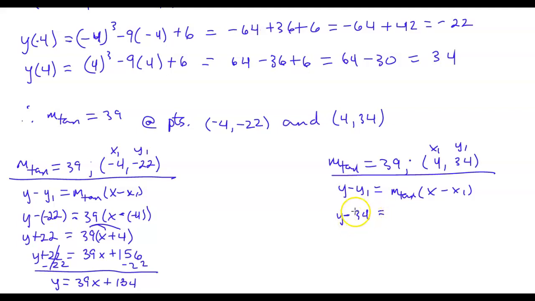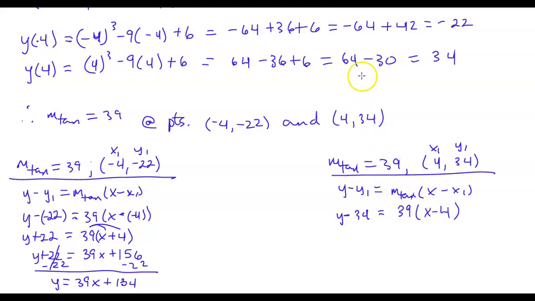So y minus 34. Slope is 39. X1 is 4. I'm trying really hard to not have my 4s look like y's, but for some reason it's just not letting me do it today.